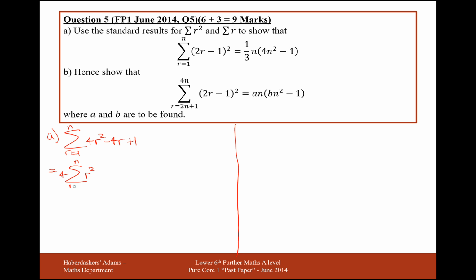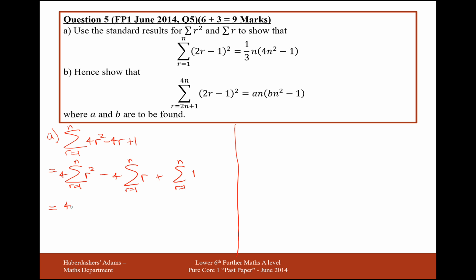So the summation of r equals 1 up to n of 4r squared, and then we need to take away the summation for r equals 1 up to n of 4r, and then we add on the summation of r equals 1 up to n of just 1. And then we use our formulas.